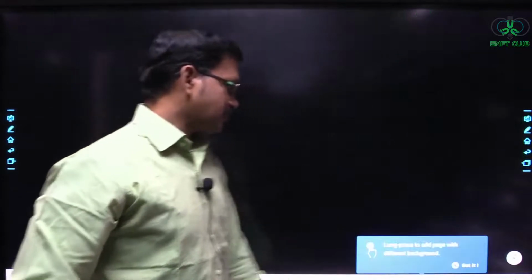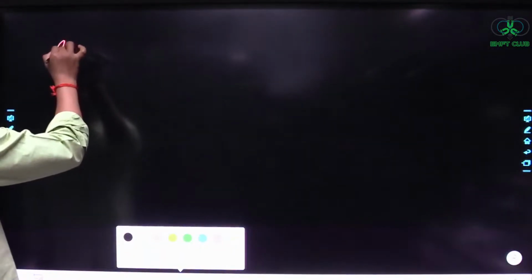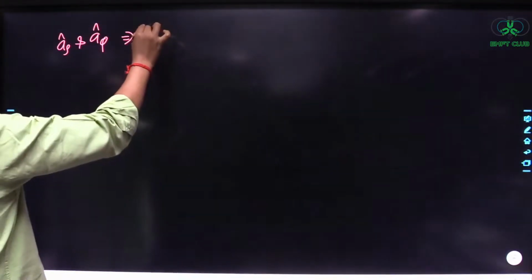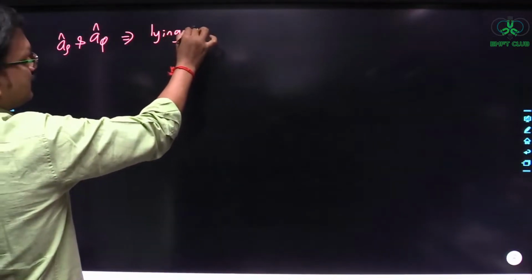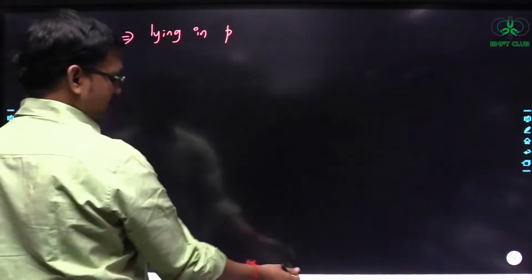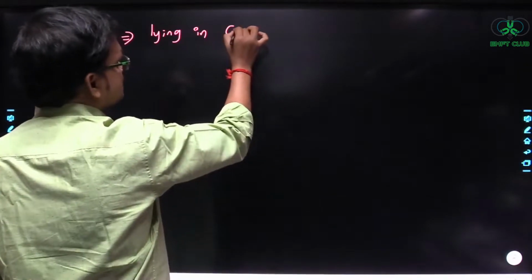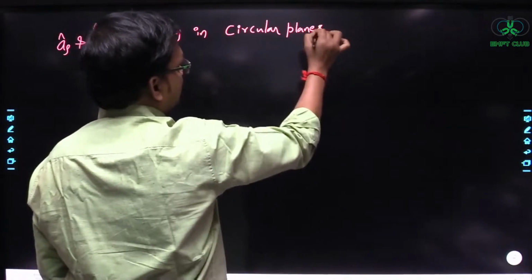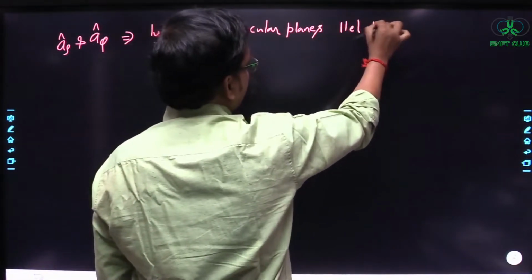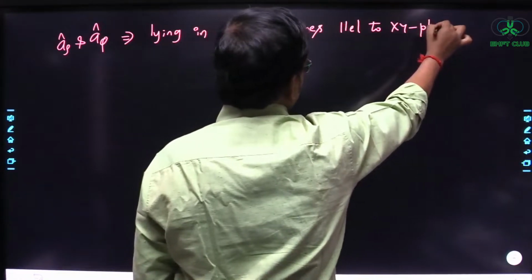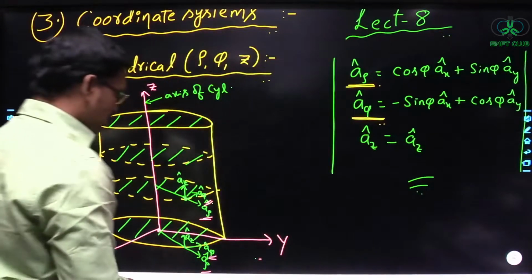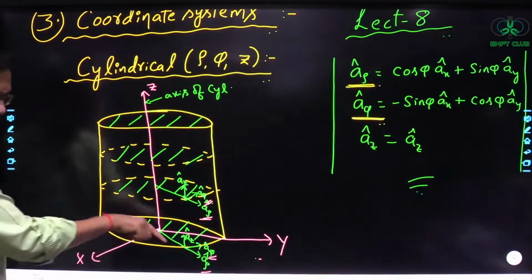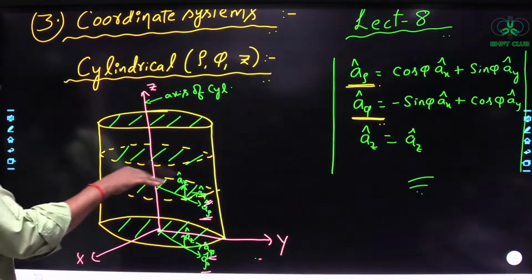So what we have observed is that a rho cap and a phi cap are lying in circular planes parallel to the xy plane. These are the circular planes that are parallel to the xy plane. a rho cap and a phi cap are lying in the xy plane.